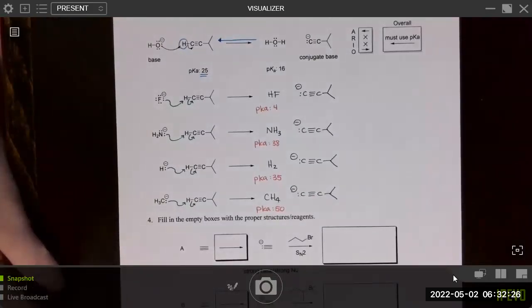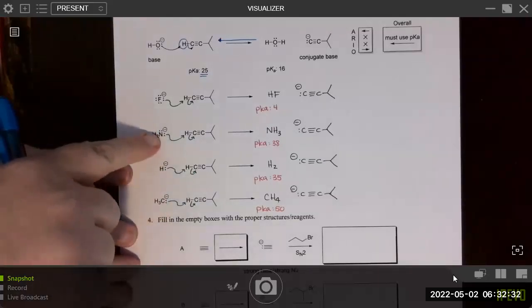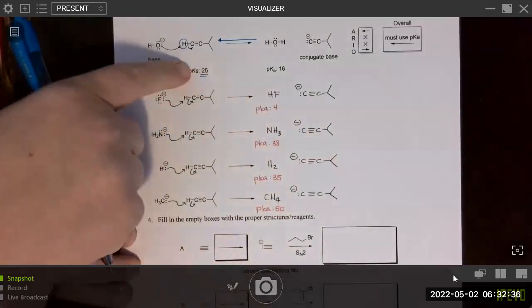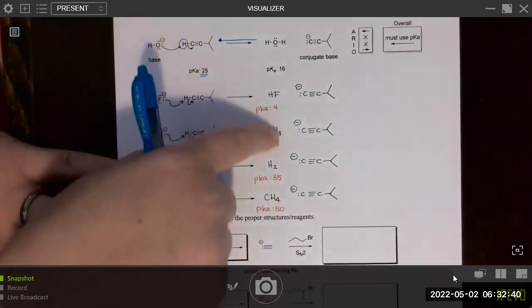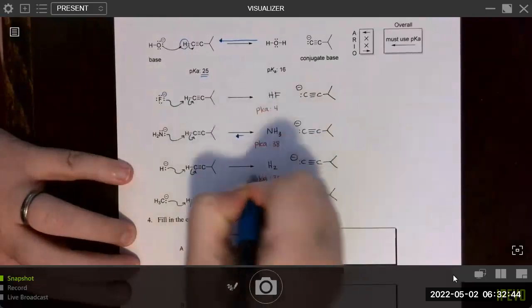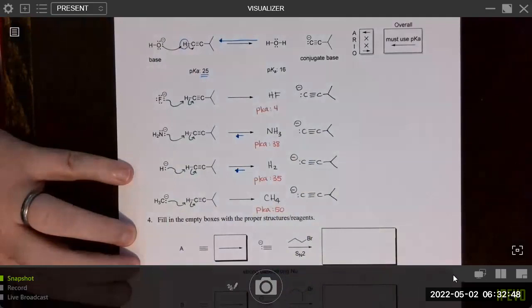Okay, so in which way will the equilibrium then lie, right? Basically, if we want to favor the products, we need to have a larger pKa value than 25, right? So that this is the weaker acid. So these ones here are larger than 25, so those will favor reactants.